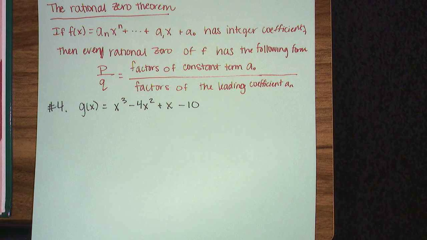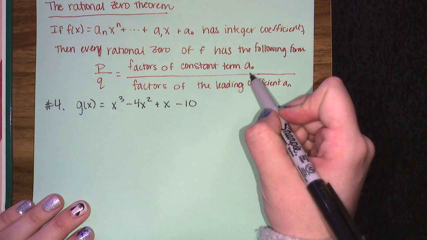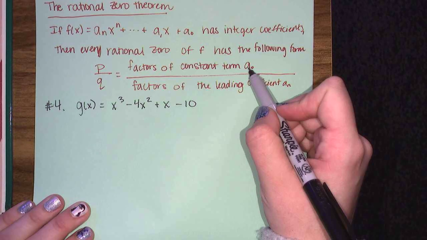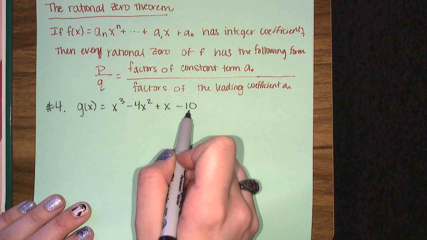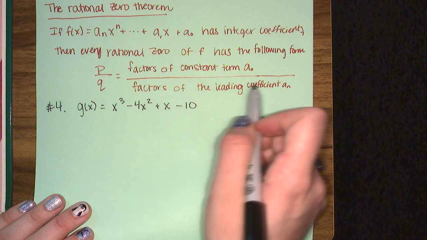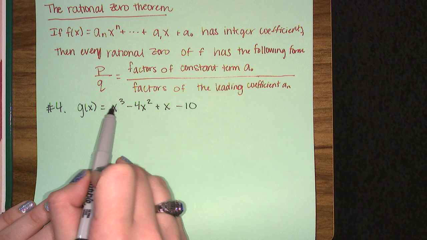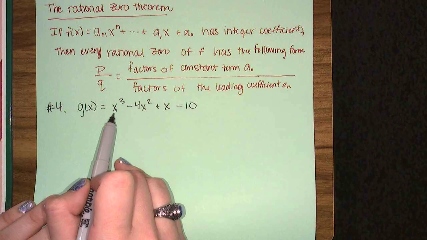So based on the rational zeros theorem, we're going to do the factors of the constant term a sub 0. So our constant term is 10. And then over the factors of the leading coefficient a sub n. Our biggest x value is right here. It has a leading coefficient of 1.